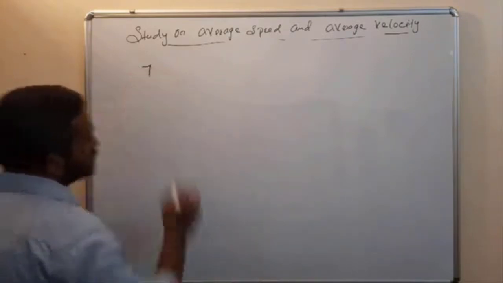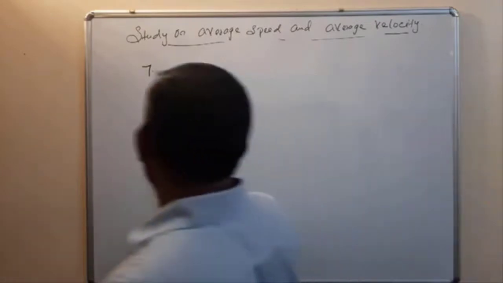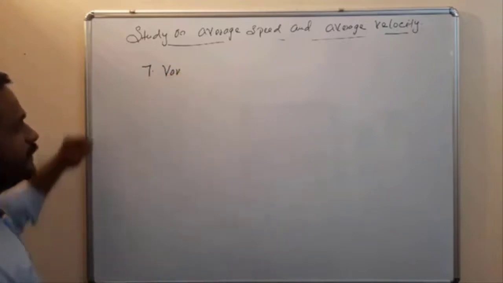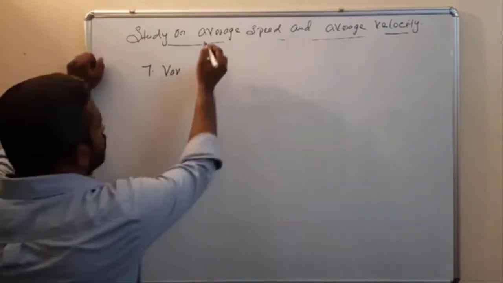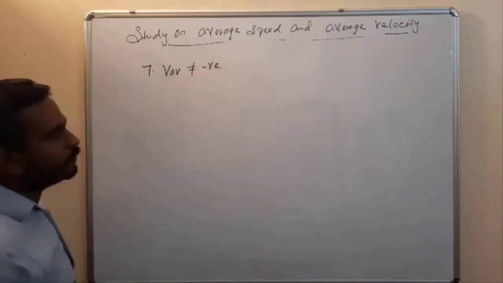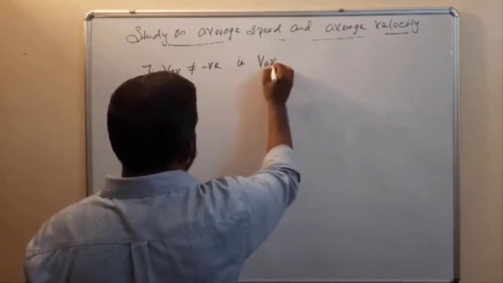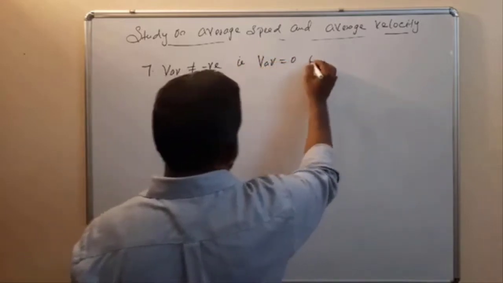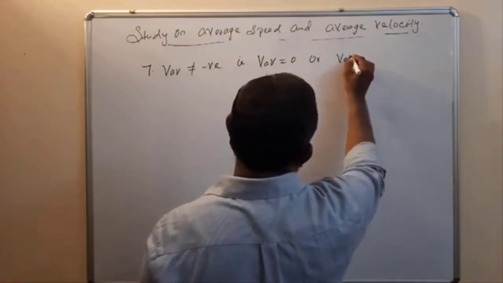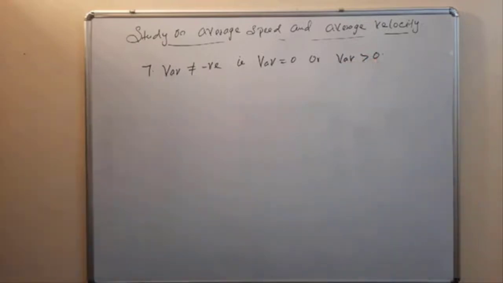Seventh point. Average speed is not equal to negative; it is either equal to 0 or greater than 0.